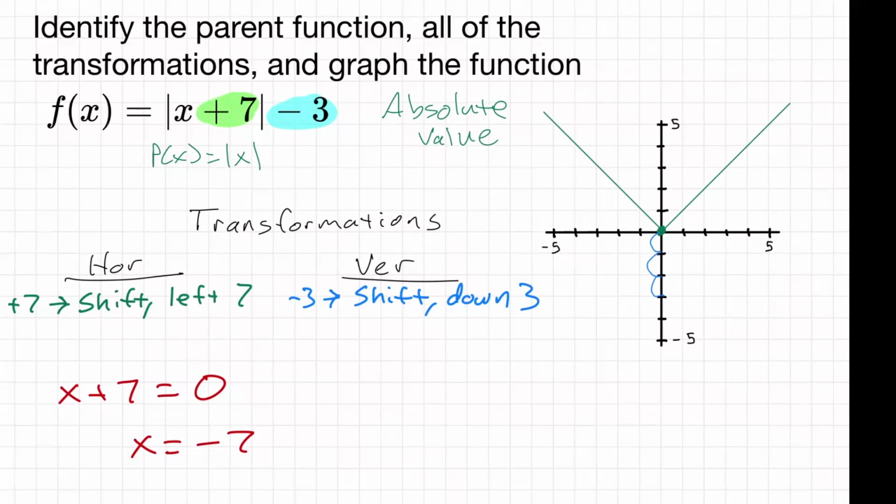Which I totally put the wrong coordinate plane here, but we'll make it work.